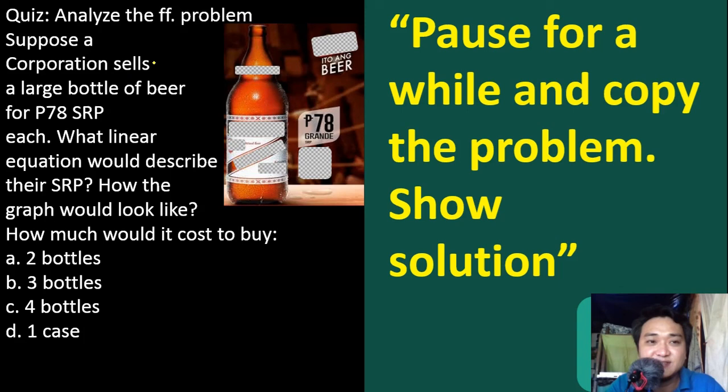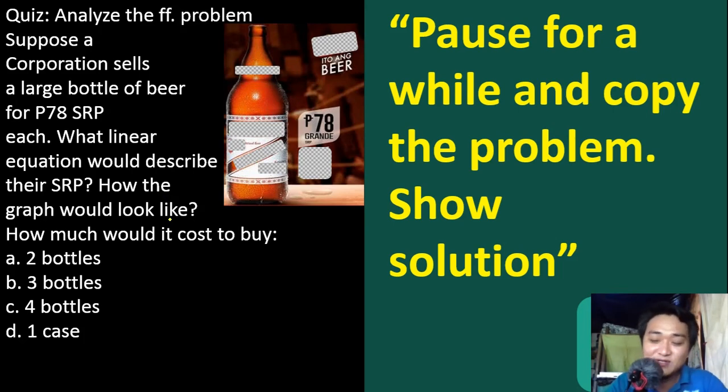So, suppose a corporation sells a large bottle of beer for 78 pesos. What will be the linear equation that will describe the standard retail price? And ano kaya yung magiging itsura niya? How the graph would look like? Ano yung magiging itsura niya sa graph?